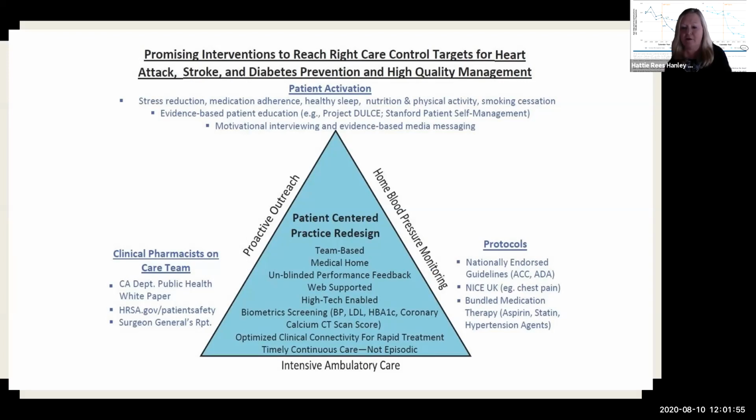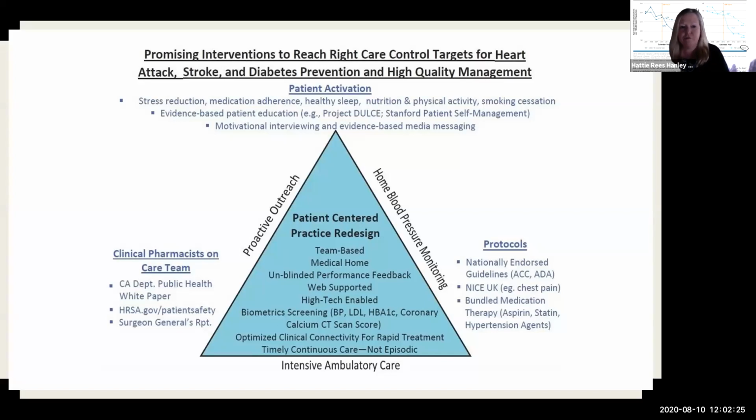We are a large collaborative that's been building since 2007 around these goals. And our work is associated with reducing heart attacks in particular very quickly by driving LDL to less than 100, blood pressure to less than 130/80, and blood sugar to less than hemoglobin A1c 8.